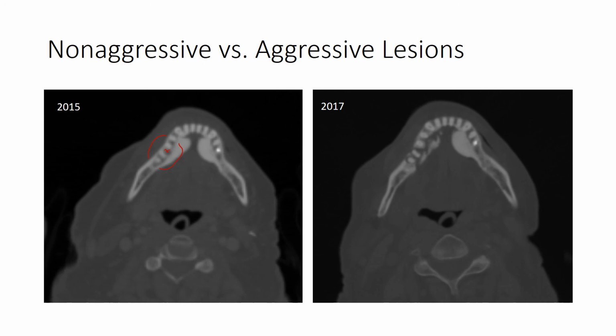This is definitely aggressive, but also nonspecific, and this would require tissue biopsy. This could be radiation-induced osteonecrosis. This could be bisphosphonate-related osteonecrosis. This could be osteomyelitis. This could be tumor. So there you go. That's a summary of some aggressive versus non-aggressive imaging features of lesions in the mandible.